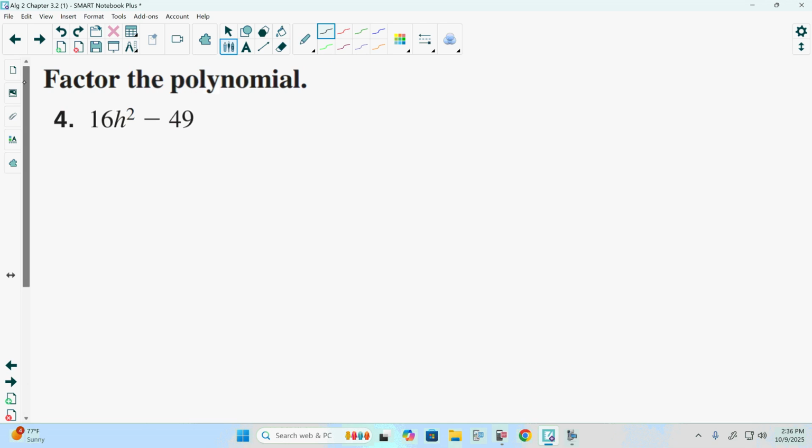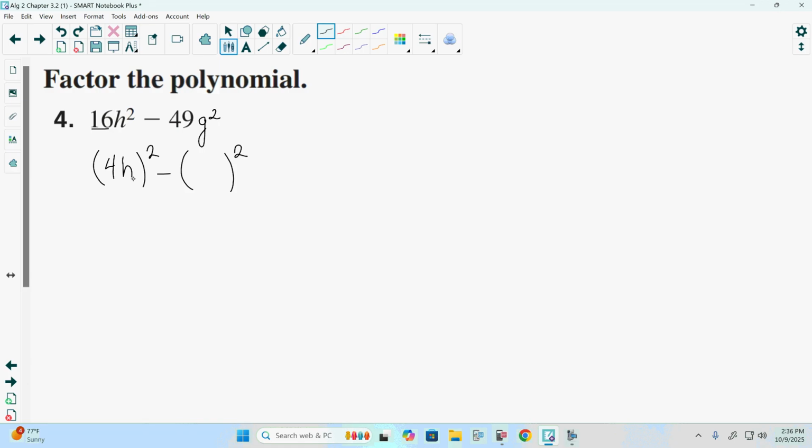Let's add it: 16h squared minus 49g squared. So we need to figure out what times itself is 16h squared, to see if this is a perfect square. What times itself is 16? 4. What times itself is h squared? h.